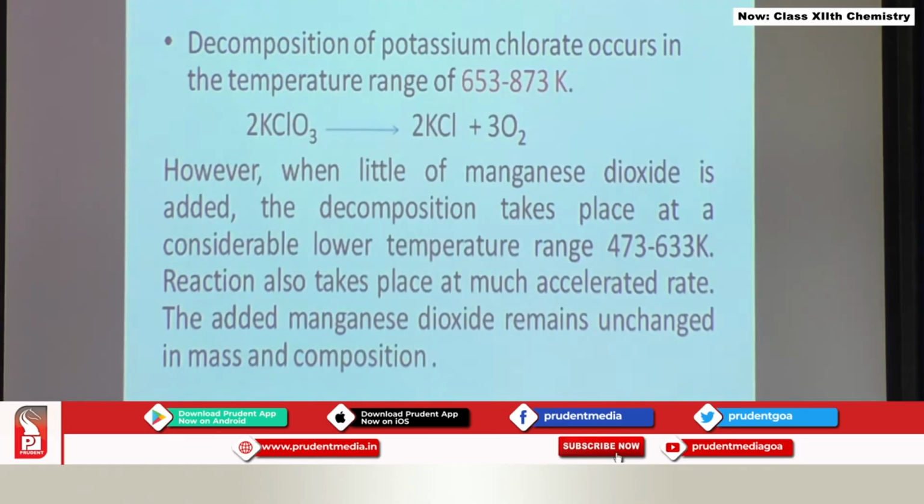Potassium chlorate is decomposed to potassium chloride and oxygen. Usually this reaction occurs at a very high temperature, but if you use manganese dioxide as a catalyst, you will find that the rate of the reaction is accelerated and also this reaction is taking place at a lower temperature.